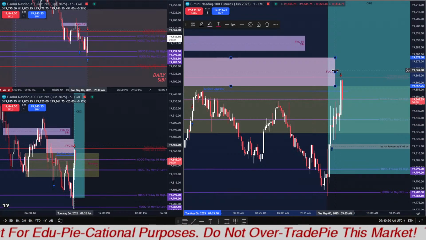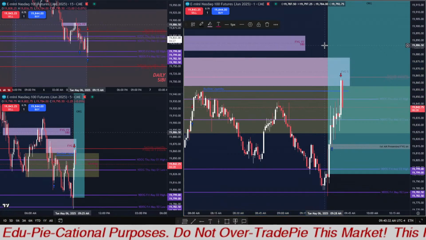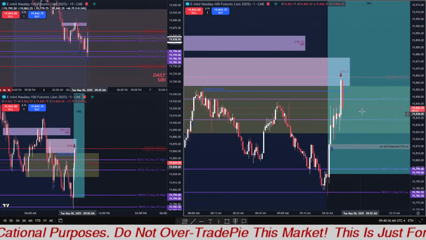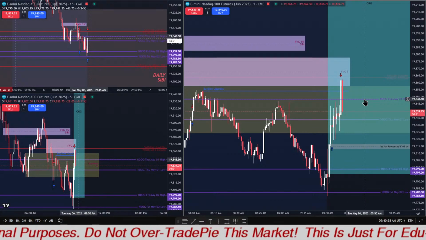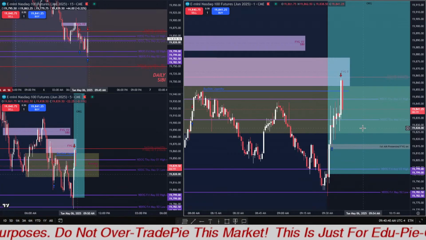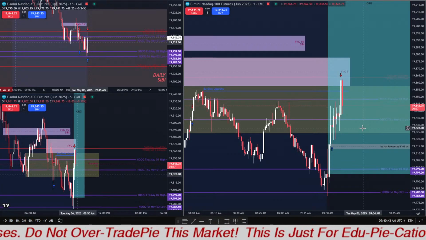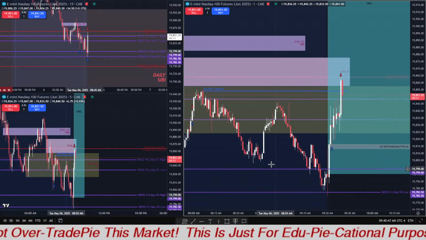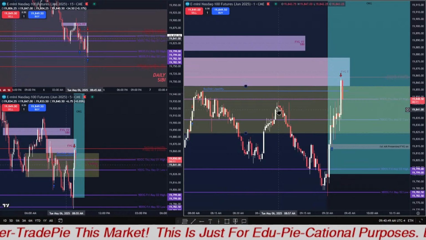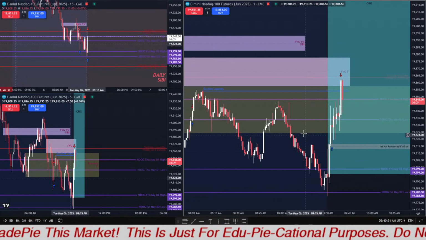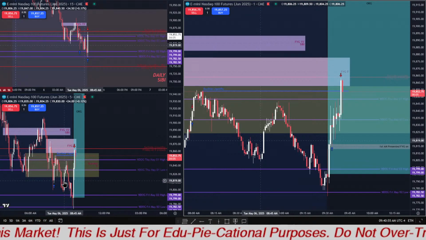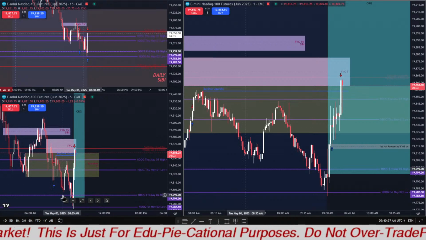Notice that we traded into the 5-minute CB over here, and now we traded low into the midpoint of the new day opening gap. We can also consider this over here as a breaker block. In the 5-minute chart, you can see it a little more clearly.